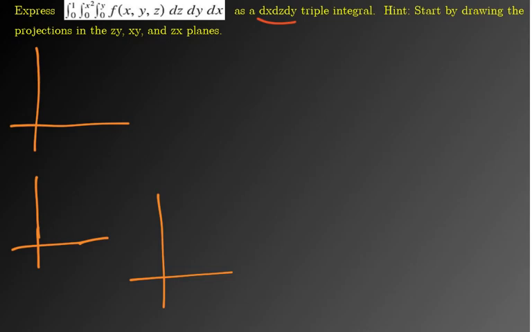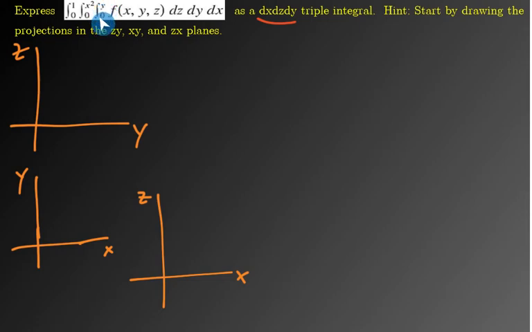So we'll do yz, and we're going to do xy, and we're going to do zx. Basically the trick is to look at the bounds. In this first one, z is going from 0 to y.